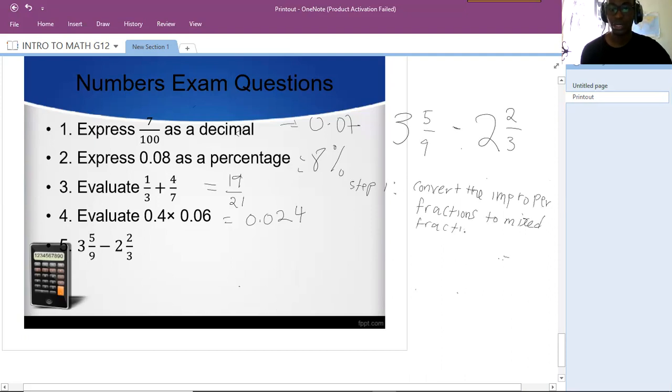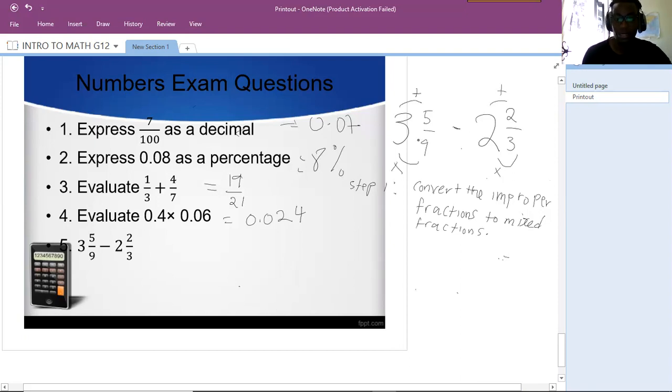So that's our step one there. So how do we convert a mixed fraction into an improper fraction? We multiply, then we add, right? We multiply and we add.